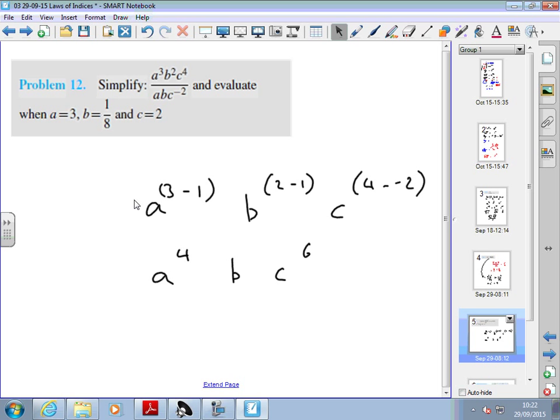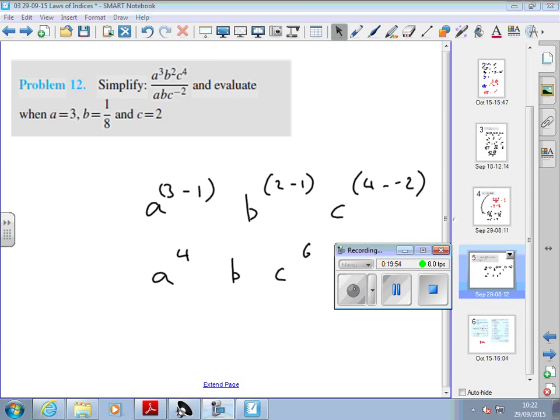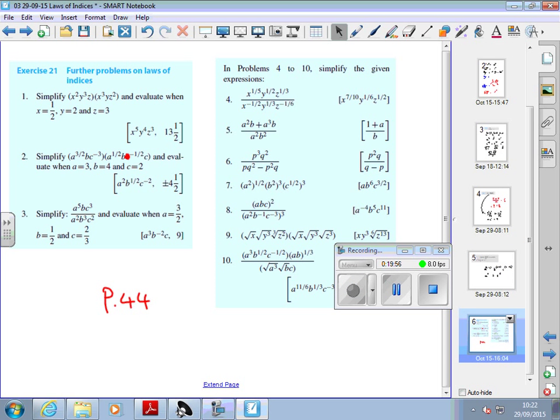So now if you look at problems on the laws of indices, again in that chapter 5 you'll see the laws of indices. There's exercises here and the solutions are in there so you can check them out. I just want to point out this particular one, number 2. Every time they come out with the new edition, they've still not corrected this error.